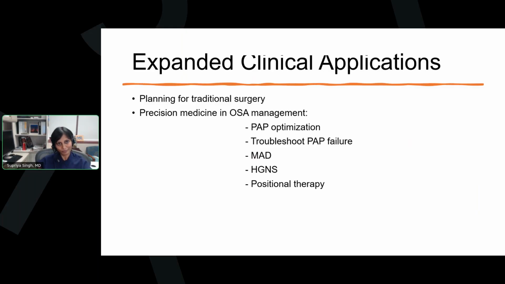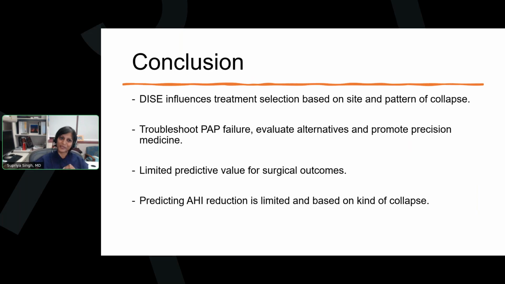So the bottom line in conclusion is that DISE does influence treatment selection based on site and pattern of collapse. It also helps us in promoting precision medicine. We can troubleshoot PAP failure and evaluate alternatives. It does have limited predictive value for surgical outcomes, the reason being that it's never a single-level collapse.